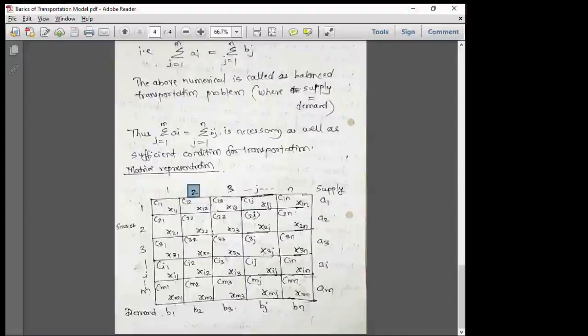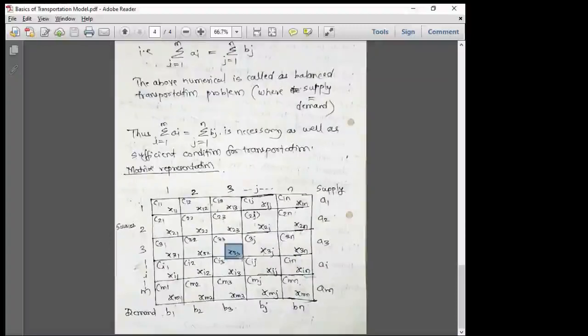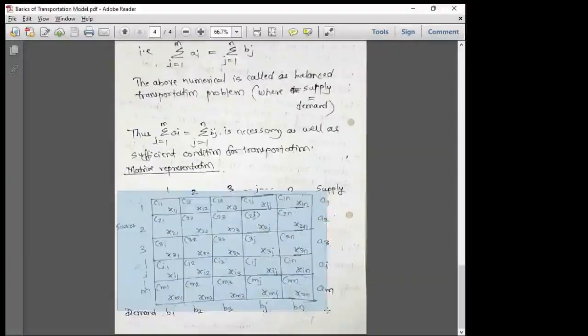Similarly, what is X33? X33 is the number of units supplied from the factory number 3 to destination number 3, right? So all the x values are to be written at the bottom of this particular cell. So this is how this particular table is represented.